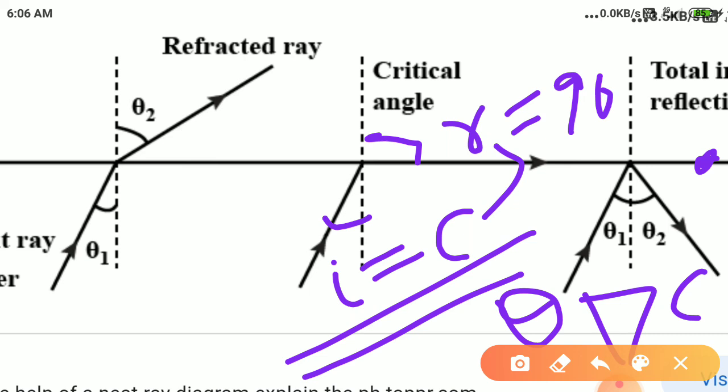This phenomenon is known as total internal reflection, which we will discuss in class 10 also. So you will learn about total internal reflection in detail in your higher classes. In brief, I have discussed what total internal reflection is.